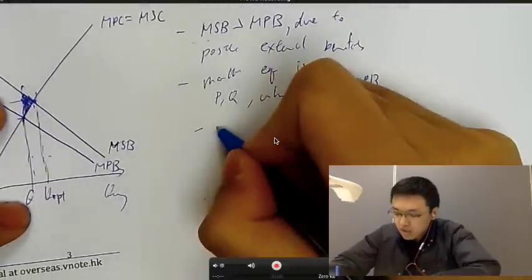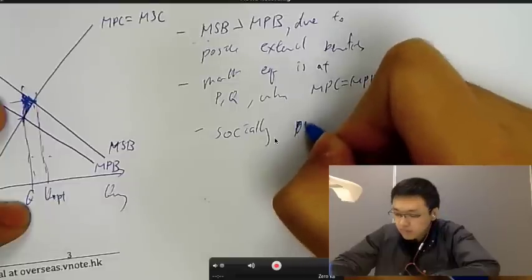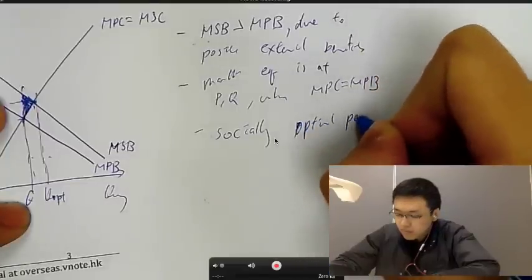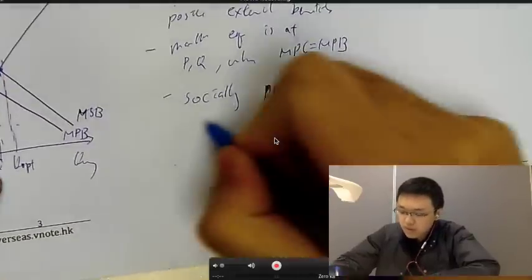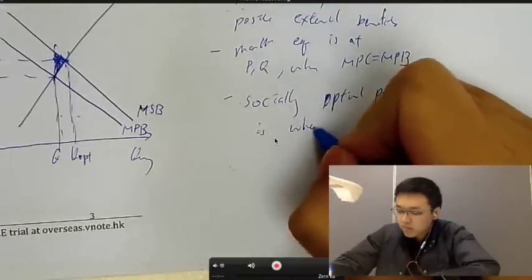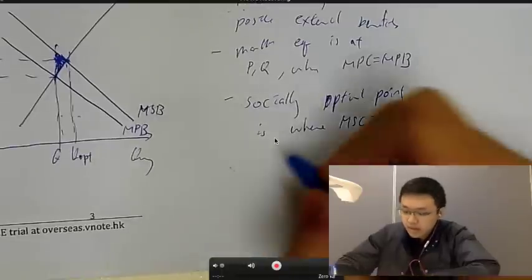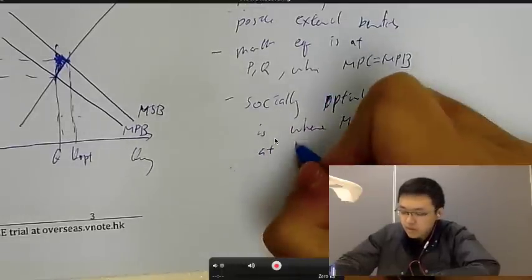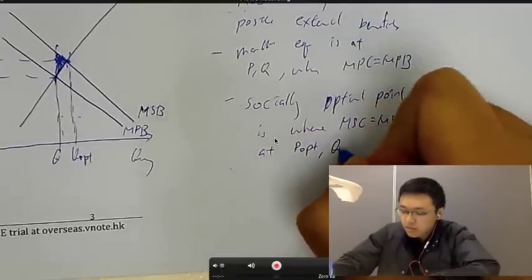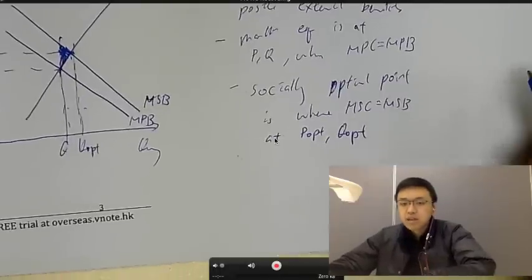How about the socially optimum point? Socially optimum point is here, where MSC equals MSB, at P opt and Q opt.